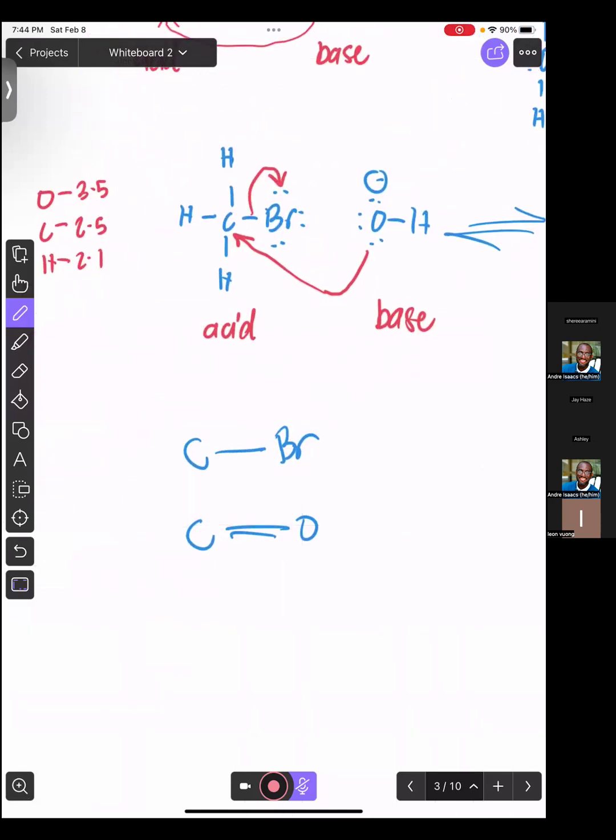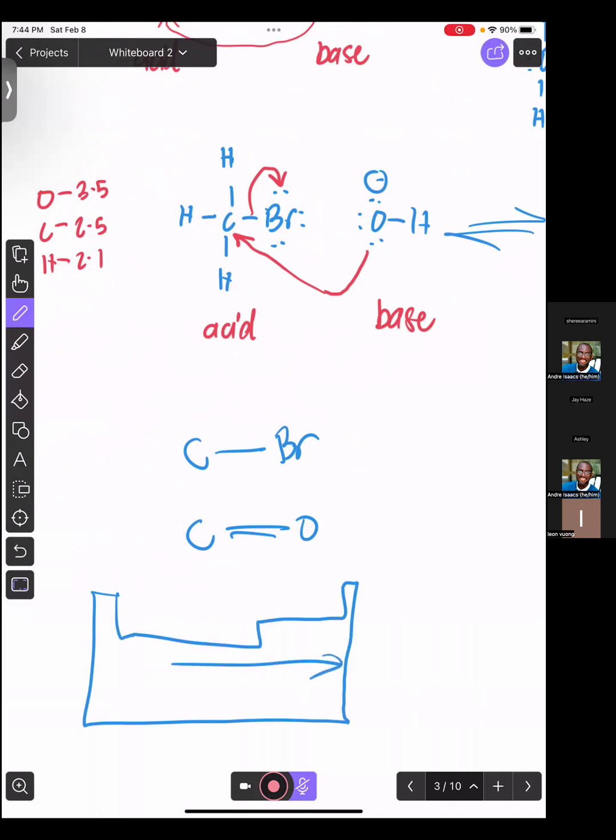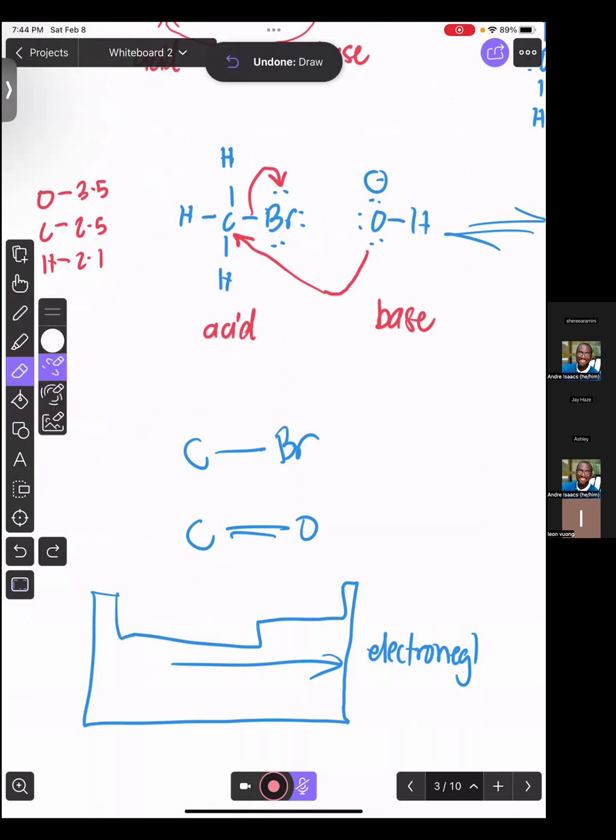If we look at our periodic table, and I will draw a simplistic version of one, then the atoms on this side of the periodic table are very electronegative. They are pulling electrons that are shared in that bond towards themselves.